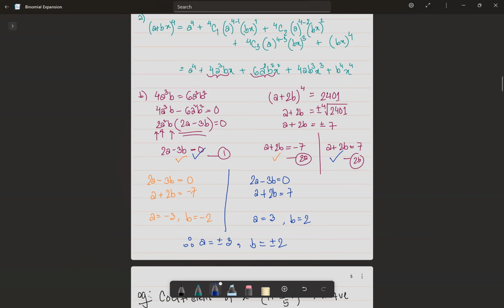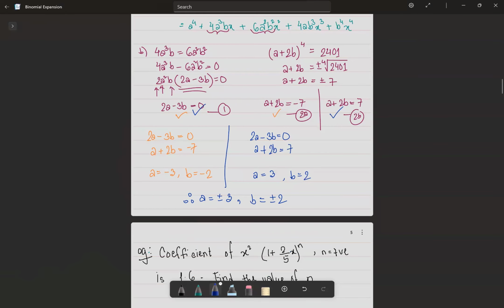We picked it and we solved it. Now for the second part, from the first condition we only have one equation, so you have no other option, you have to pick this equation. And for the second condition you have one more equation left to pick, so you picked that other one, and from there you solved to find out the values of a and b.